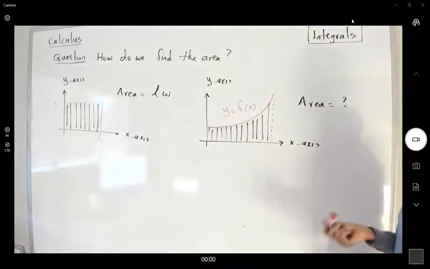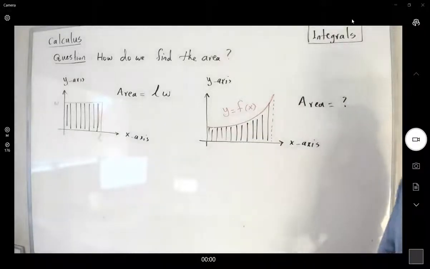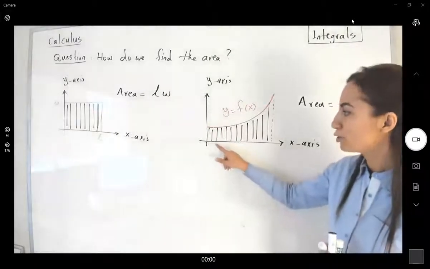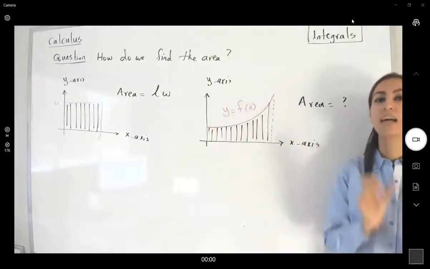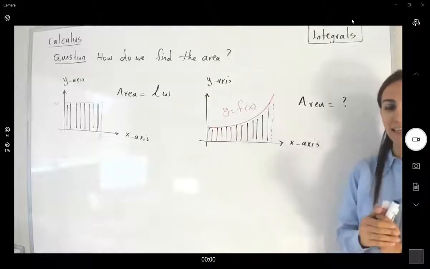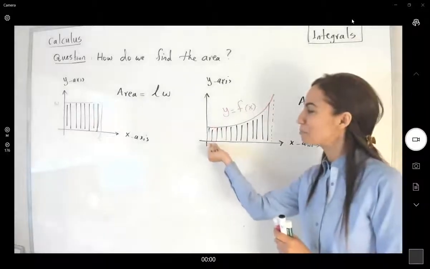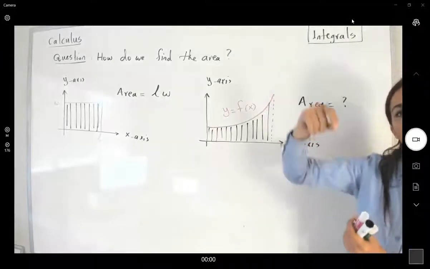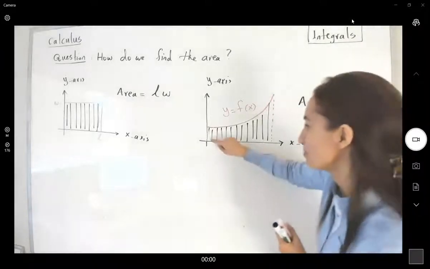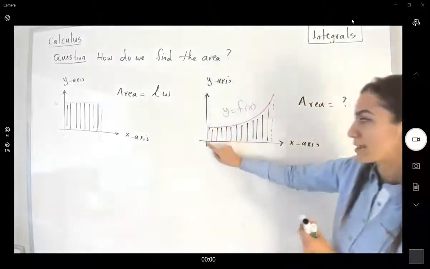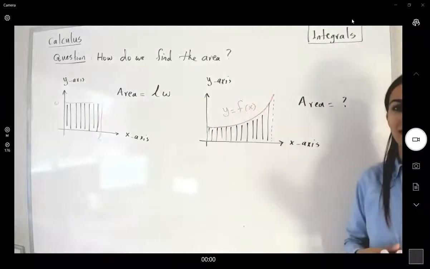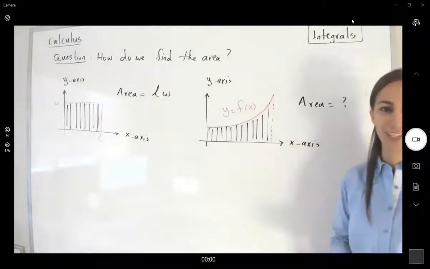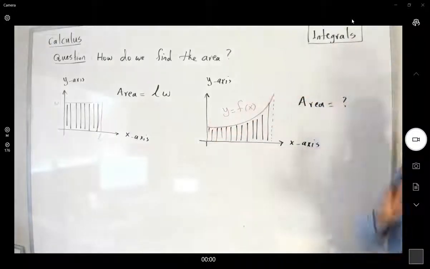Well, okay, how do we find this area then? One method is to divide up your x-axis into small sub-intervals, and then after finding those little measurements, multiply them by the height, your y values, and add these small areas together to come up with an approximation of this whole area.